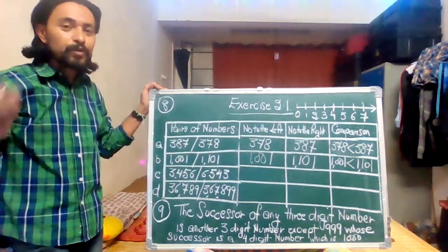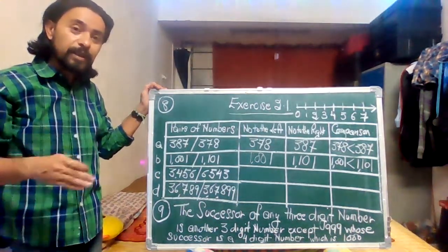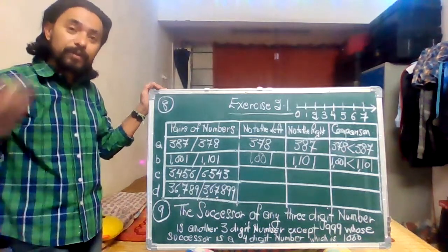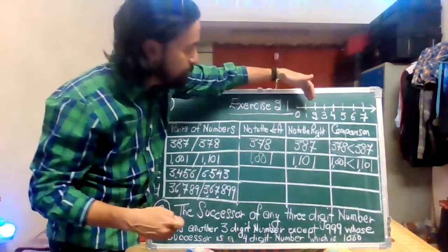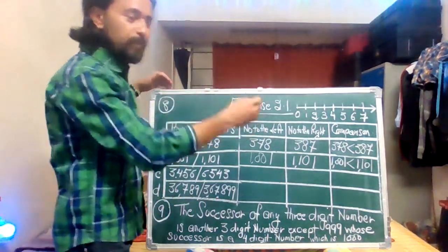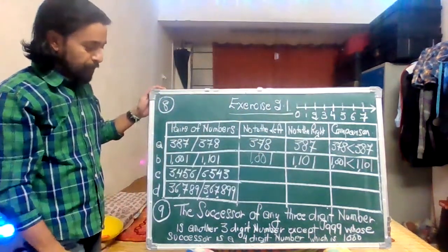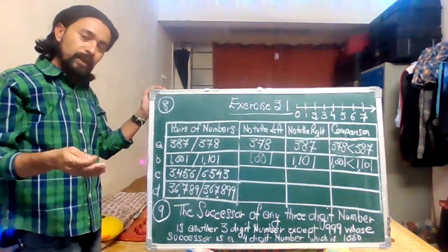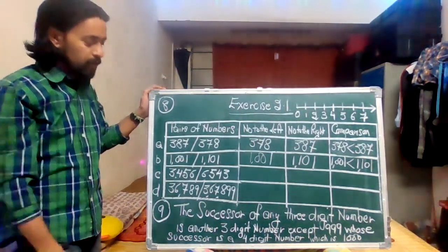So the greater number is to the right and the smaller number is to the left. So all smaller numbers are always to the left of the greater number and the greater numbers are always to the right of the smaller numbers. Once you know which one is smaller and which one is greater, remember the smaller is to the left and the greater is to the right.